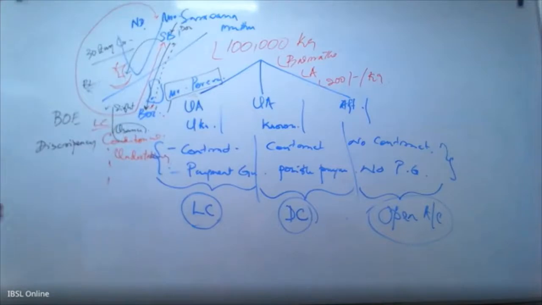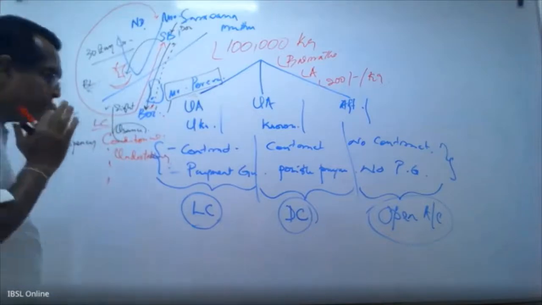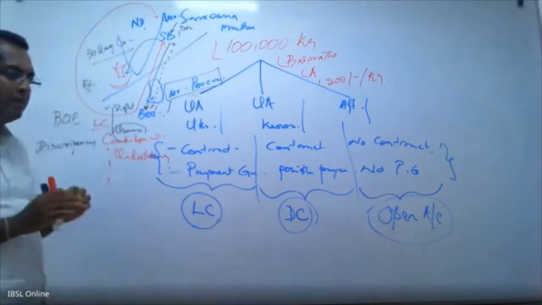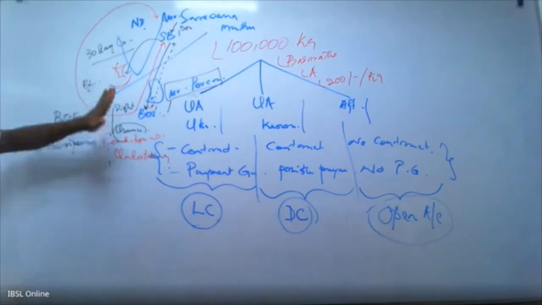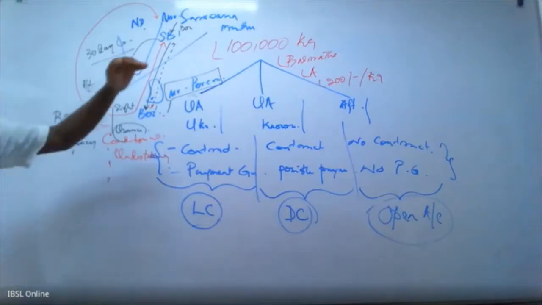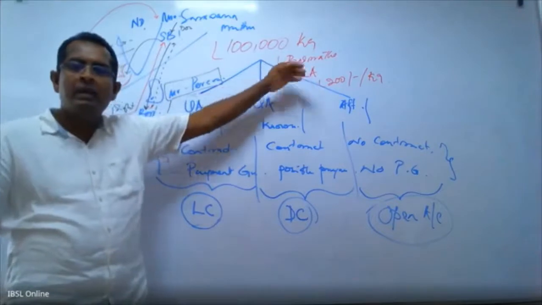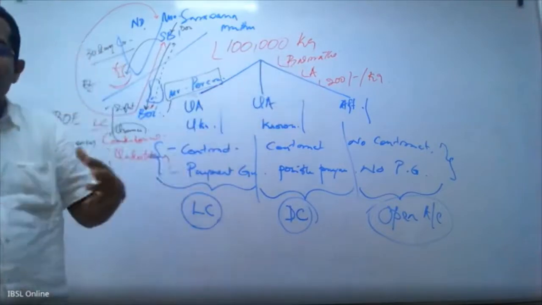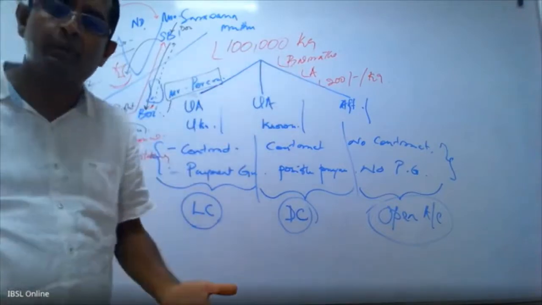Under LCs, the bank is responsible for the payment if the documents are in order. If there is any discrepancy, the bank is not responsible. We want Basmati. If in the container it is cow dung, still we can't do anything.